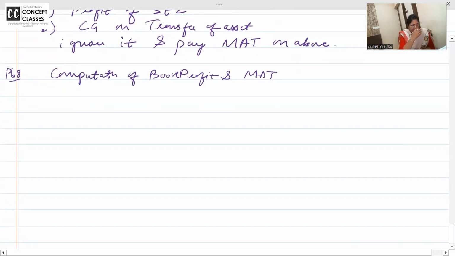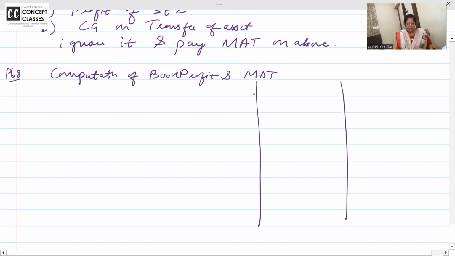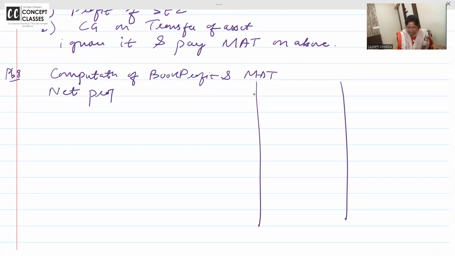Computation of book profit and MAT. Particulars and amount. Start always with net profit. Those who have done, they can enjoy putting audit tick and gain super duper genuine wala confidence. Net profit as per profit and loss account.